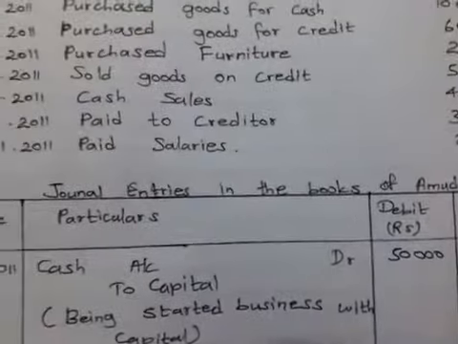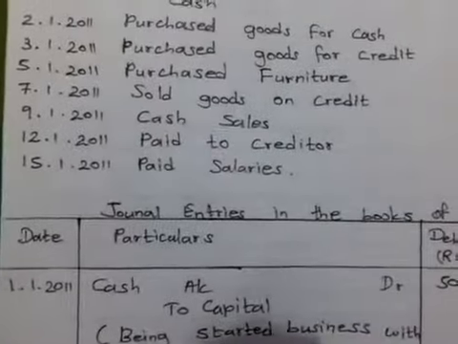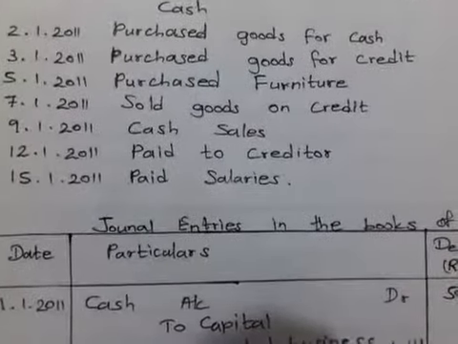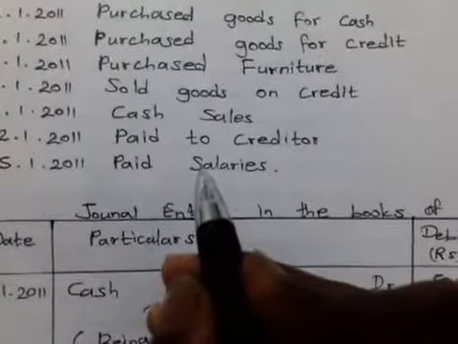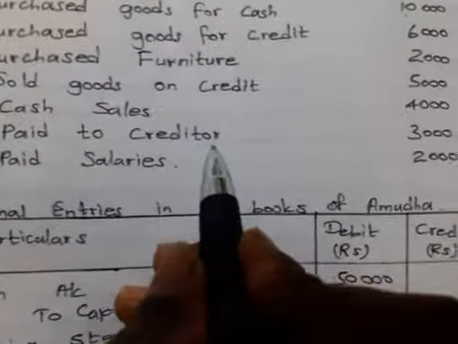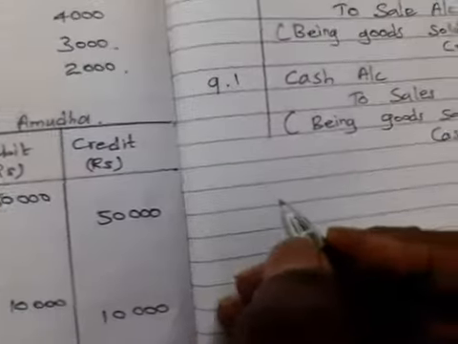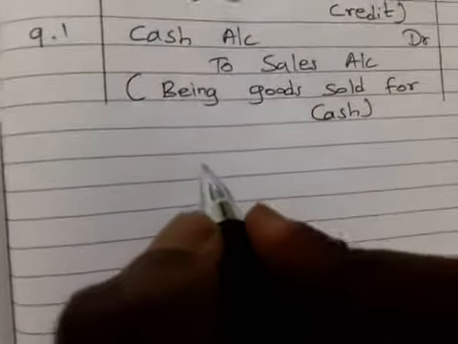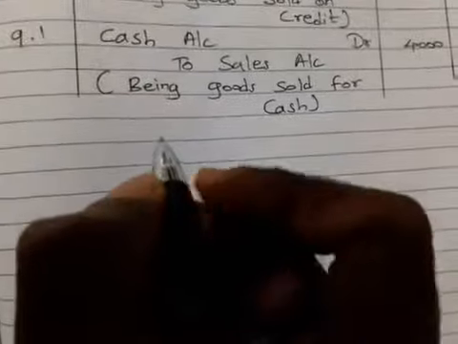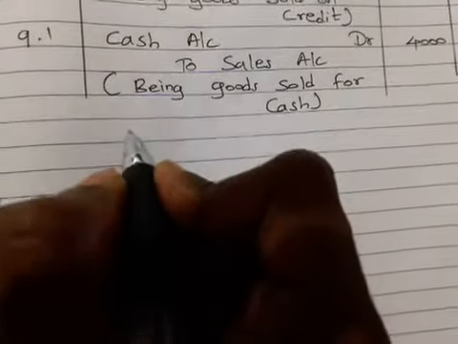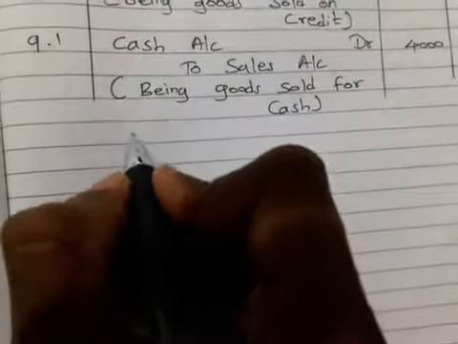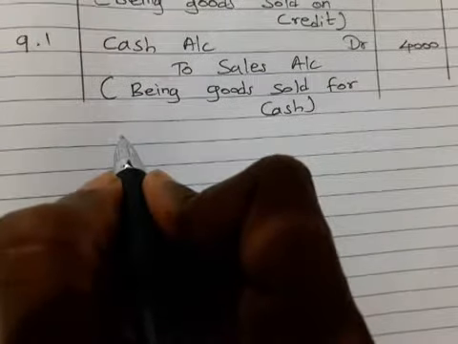The next transaction. On 12th of January 2011, paid to creditors 3,000. When we pay the amount to the creditors, creditor will reduce. So creditor is a liability type of account.